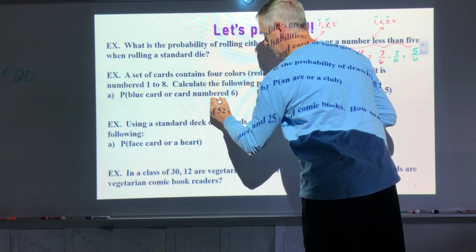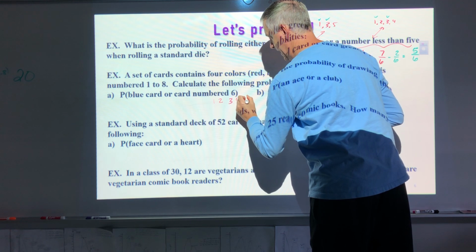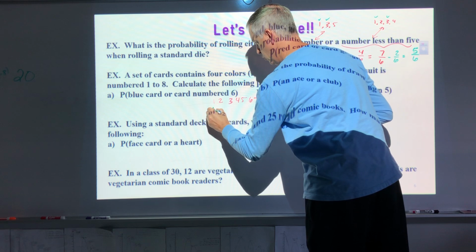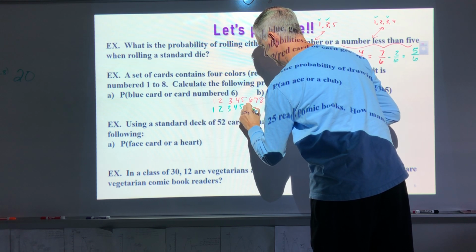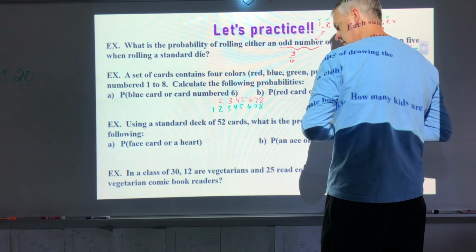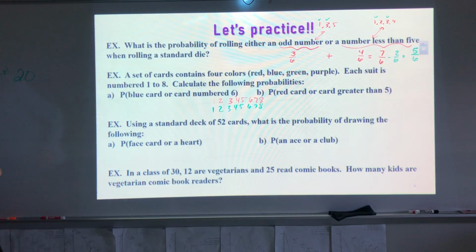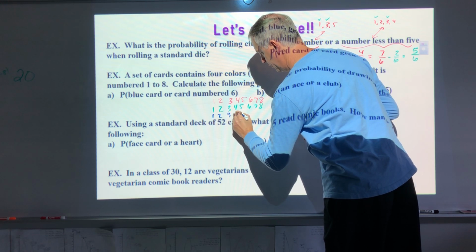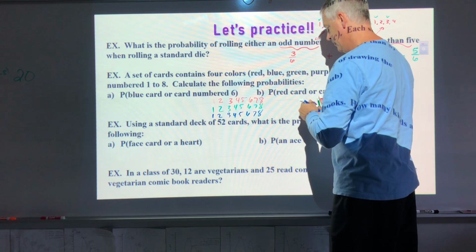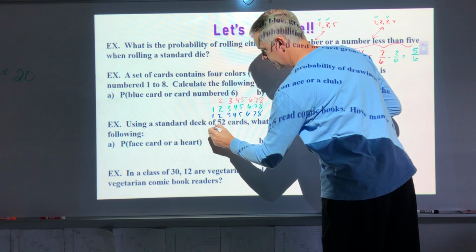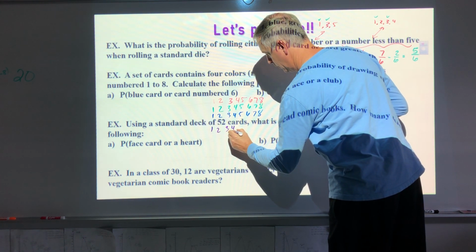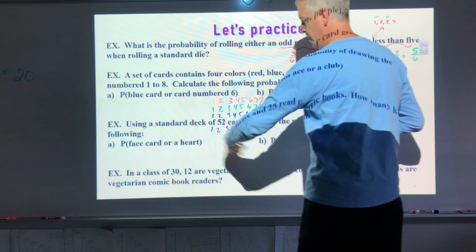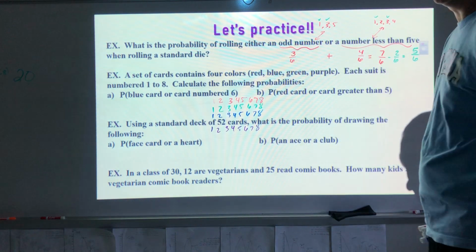So we have 1, 2, 3, 4, 5, 6, 7, 8, and then purple and blue. Notice I'm lining them all up. Okay. I know I've kind of written into this problem here, but forget about that because this is going to get erased when we move to the next one.